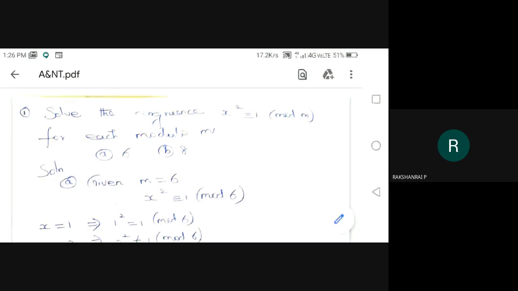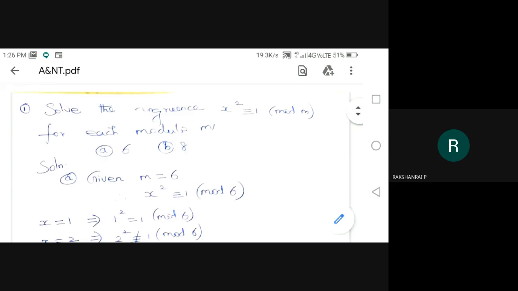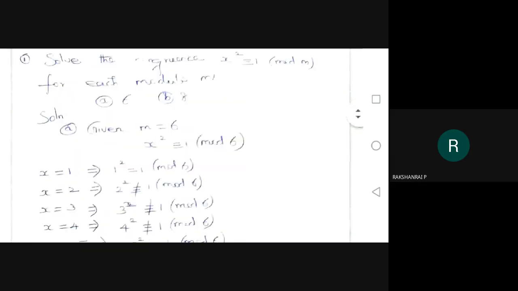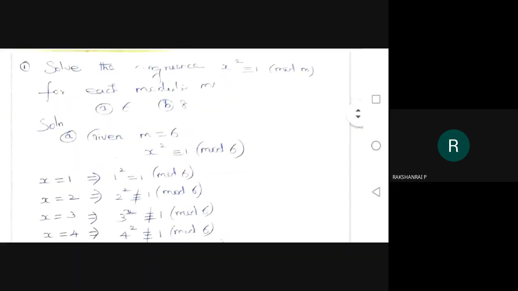Now put x equal to 1 in the given congruence. So 1 square is 1, so 1 is congruent to 1 under mod 6. Actually here the mod value is 6, therefore x can take the values between 1 and 5.